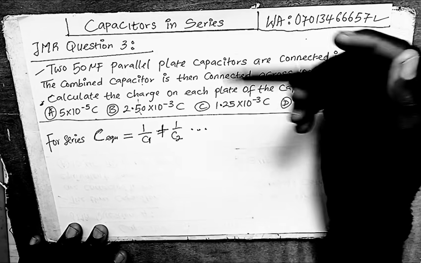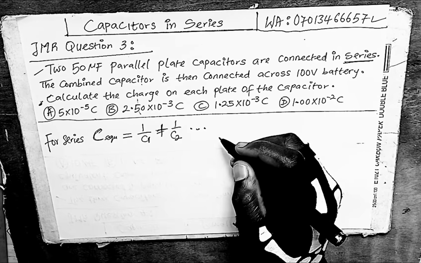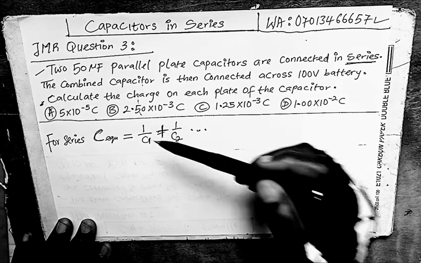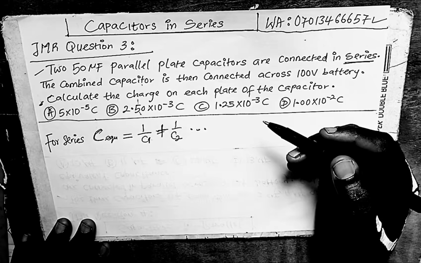If capacitors are connected in series, to get the total capacitance, you do the style where you multiply and divide. But if it's connected in parallel, you just add and get your answer. So just know that.